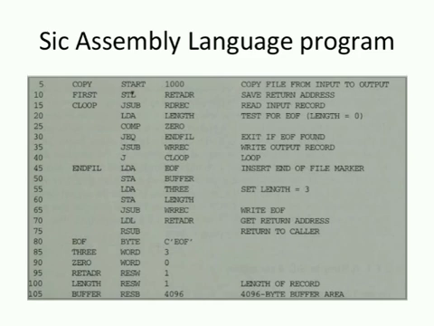There can also be an opcode without an operand. For example, at line number 75, rsub, return from subroutine. It will return to the caller, and it doesn't require any operands. So this is an example of opcodes.